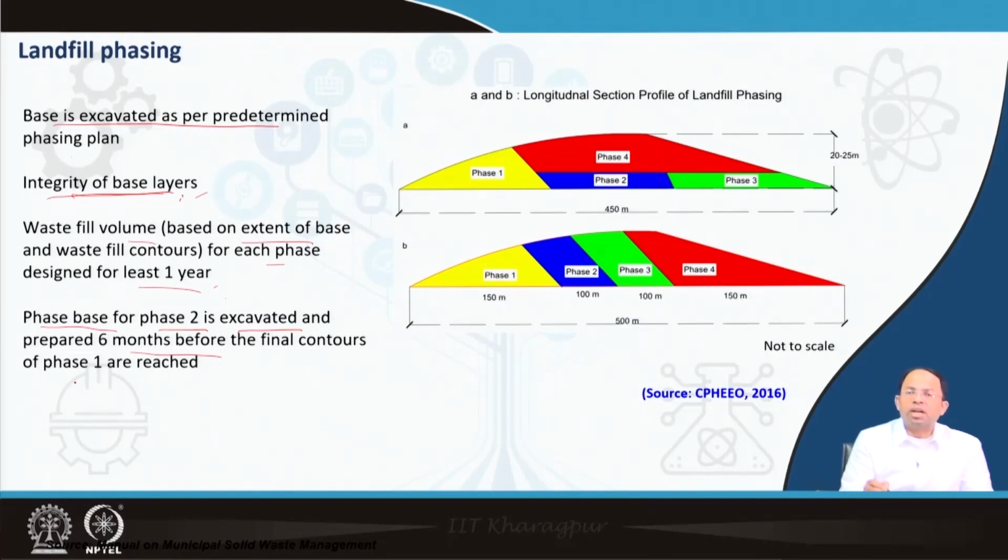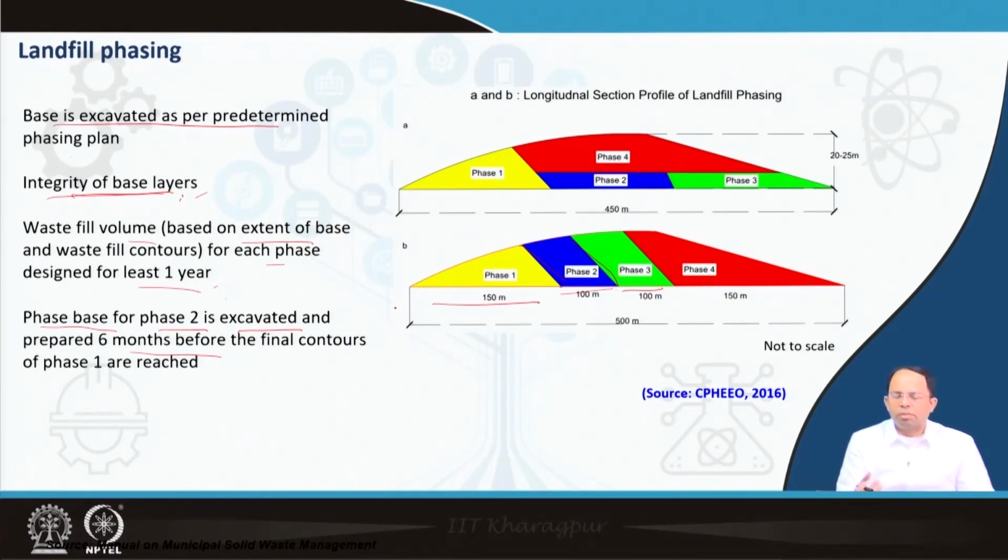That means we have to prepare the next phase before the previous phase is completed. In this image, you can see the different ways phasing could be done. The bottom one is very simple. Phase 1, we are giving a 3:1 slope. Then phase 2 is after that, phase 3 is after that, phase 4 is after that. Why is this done this way? Because phase 4 will require separate sizes of cells.